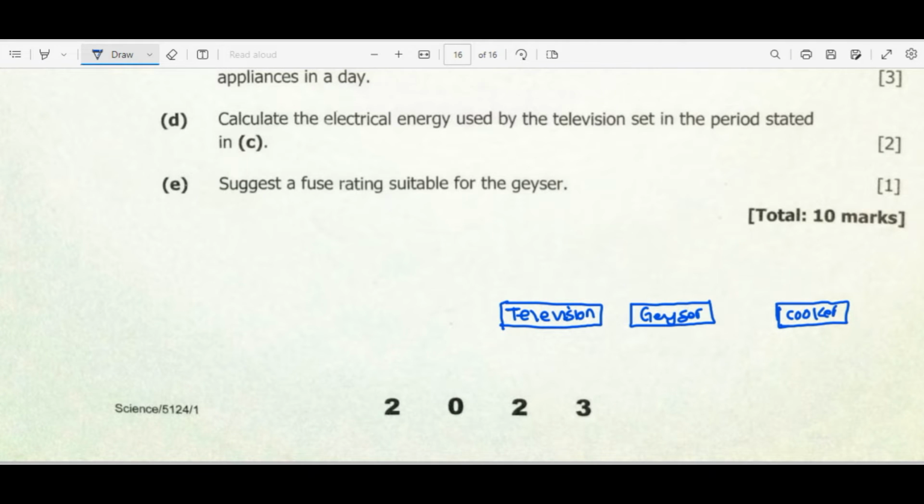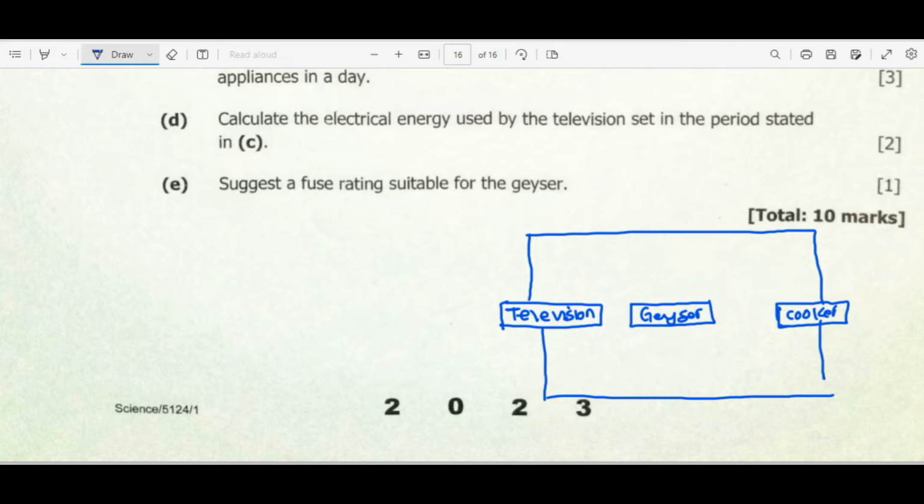Now, since they are connected in parallel, we need to have a junction. So this is the type of parallel circuit.